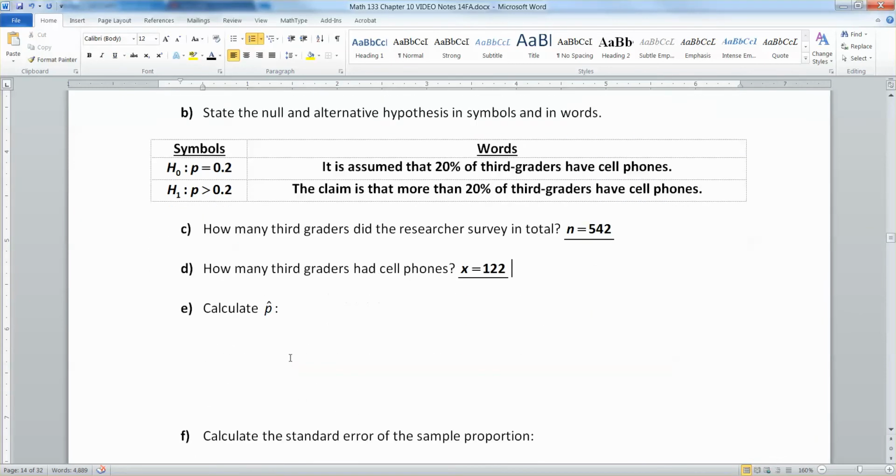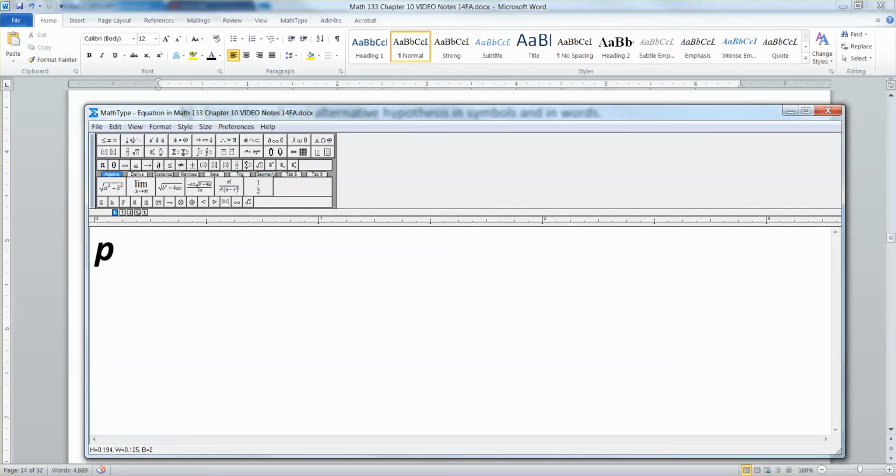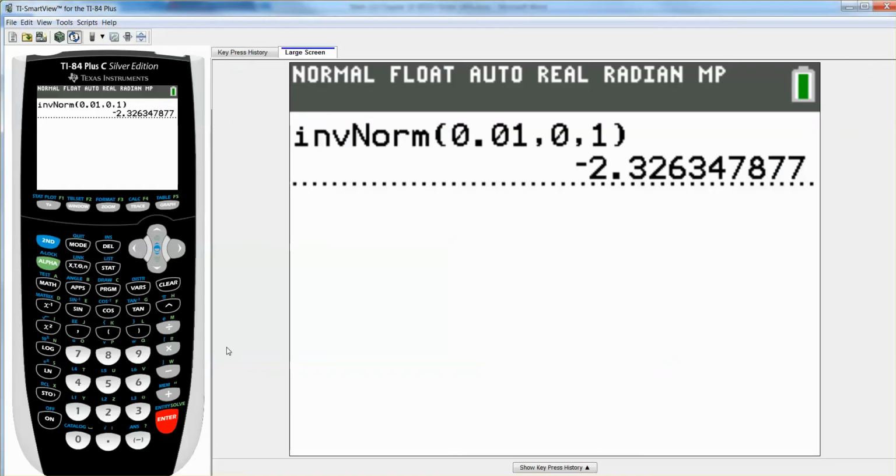Now we're going to calculate p hat. Remember we have a formula for p hat: p hat is x over n, which is 122 over 542. Let me grab a calculator.